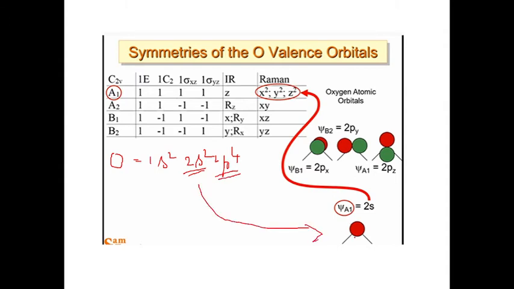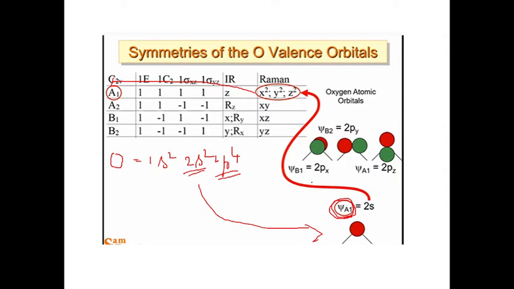The s orbital is totally symmetric, its wave function is just like a sphere, with coordinates of the form x squared, y squared and z squared. So this belongs to A1 symmetry. The s orbital has A1 symmetry.